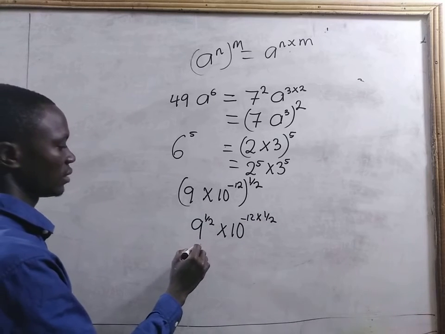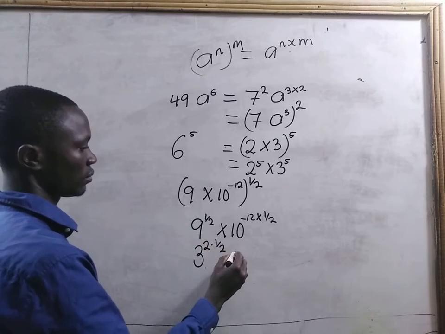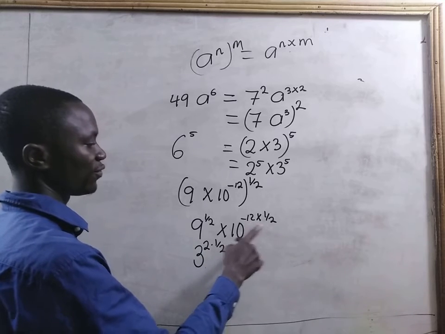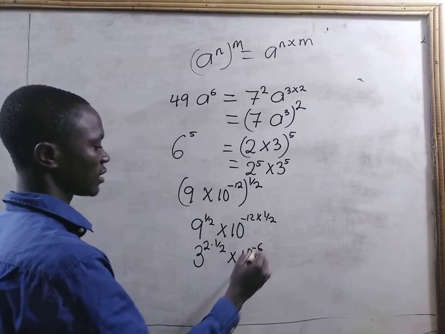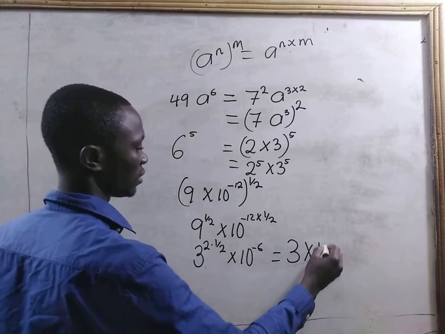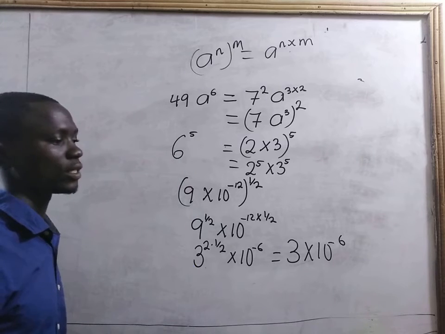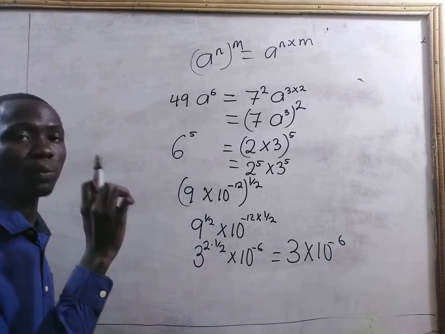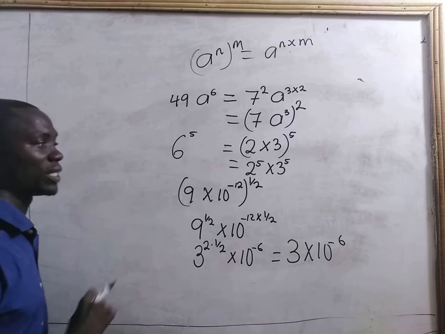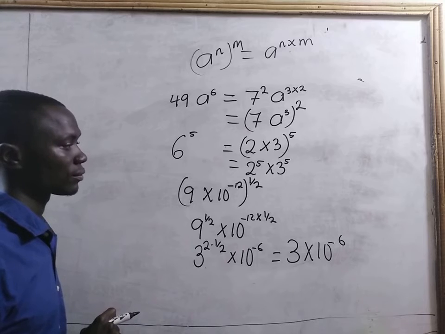And this is 3 squared times half, times 10 exponent negative 12 times half, which is negative 6. So this will give me 3 times 10 exponent negative 6. That is using the power of a product rule, or the power of a product property. Very, very simple as that.